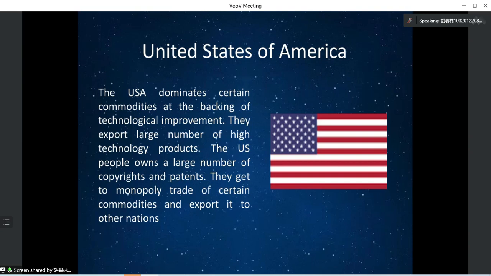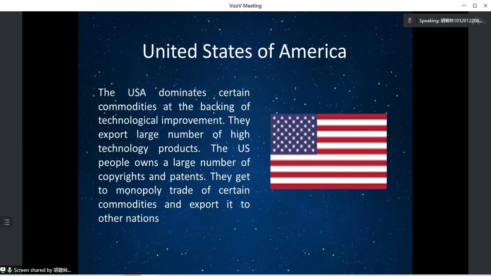The Americans own a lot of copyrights and patents, so their country is categorized as an advanced or industrialized country, and they get to monopolize a lot of businesses and trade through this export to other nations.